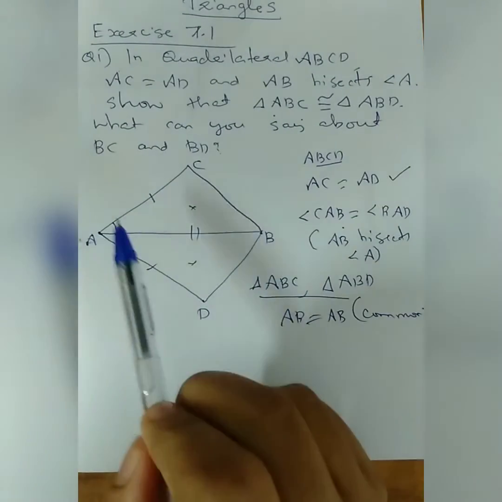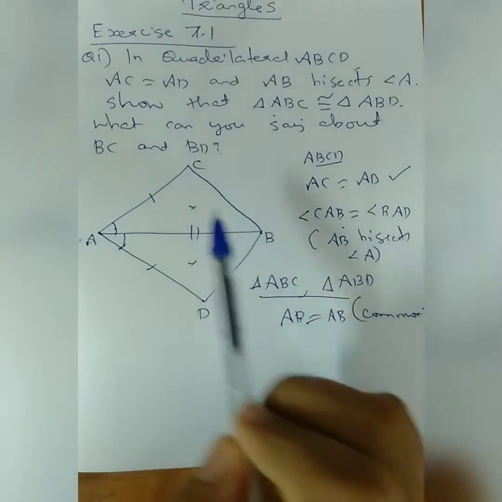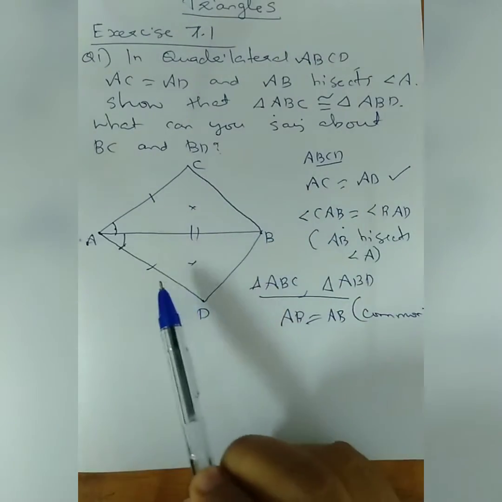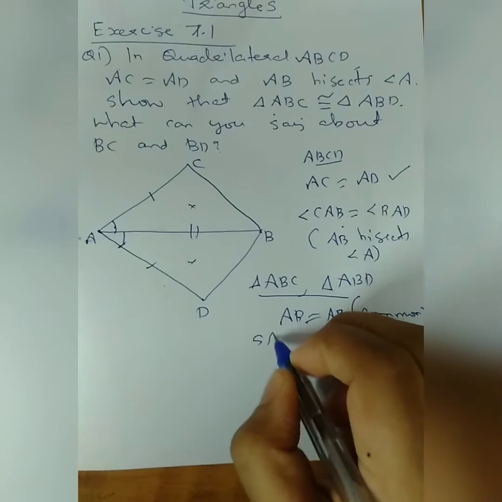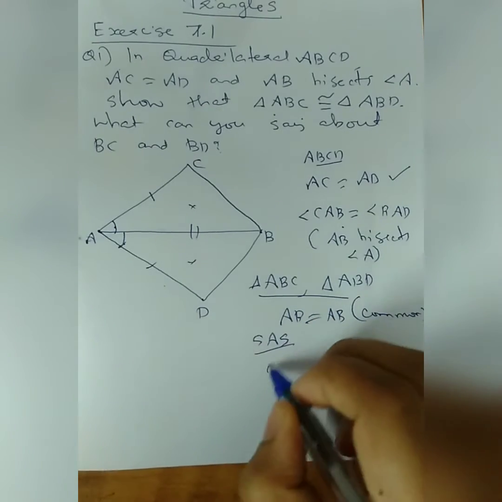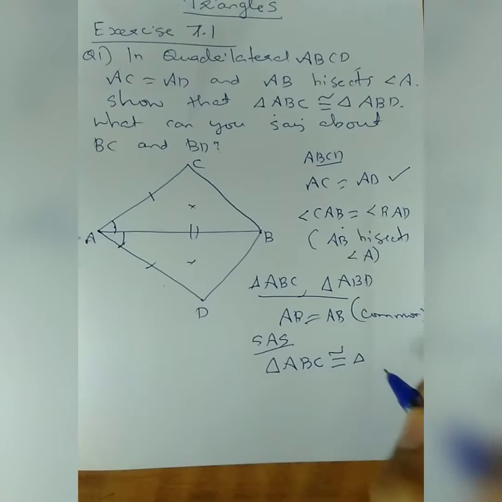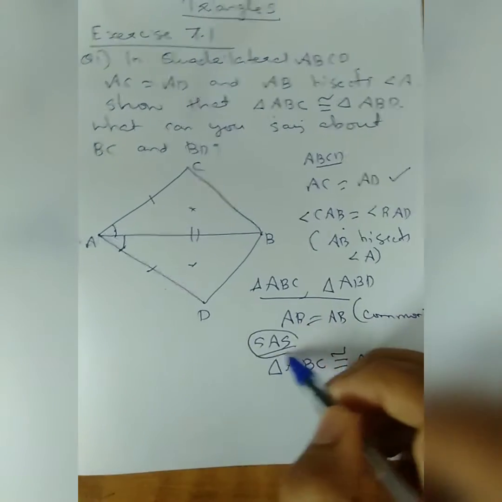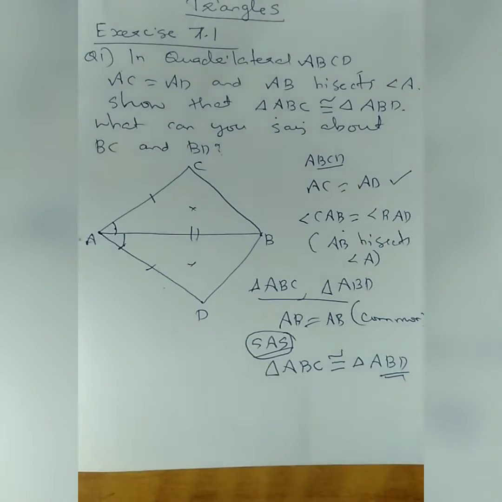Also the sides AC is equal to AD and AB is equal to AB. So by SAS rule we can say that triangle ABC is congruent to triangle ABD.